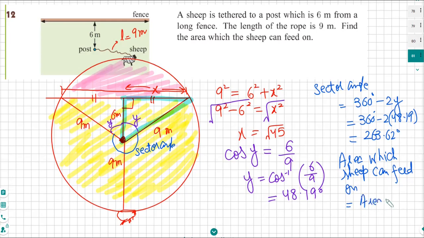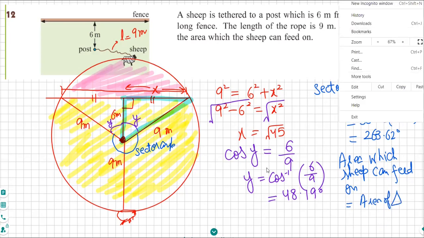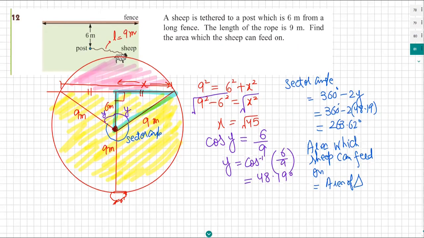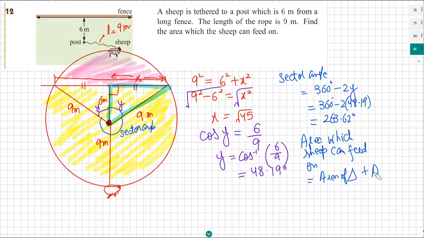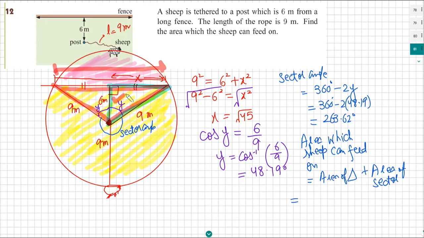Area of triangle plus area of sector, right? So what is the area of triangle? The triangle that I'm using is this. In this triangle, the base is this length and the height is this 6. So 1 over 2 base into height, 1 over 2 base multiplied by height.